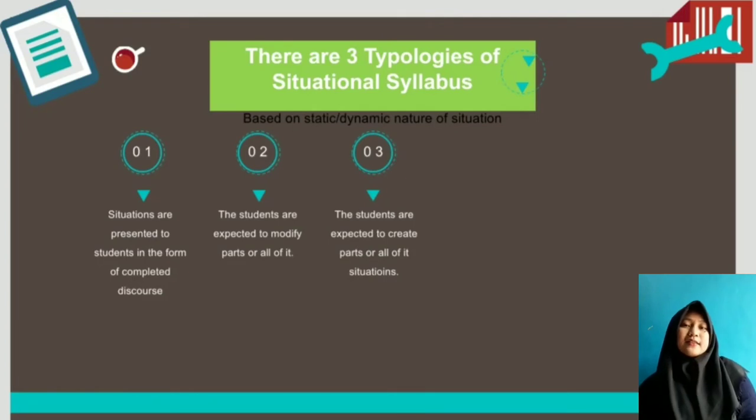The second, students are expected to modify parts or all of it. So many situations are presented in full, and students are then asked to play out the same situation using their own language. And the third, the students are expected to create parts or all of the situations.